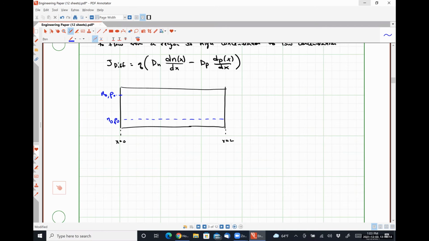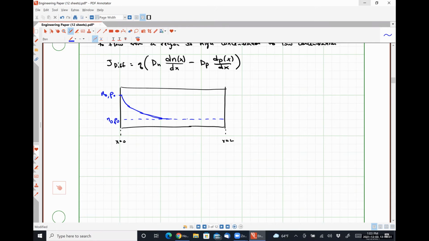And we expect the carrier concentration to change across the crystal, okay?